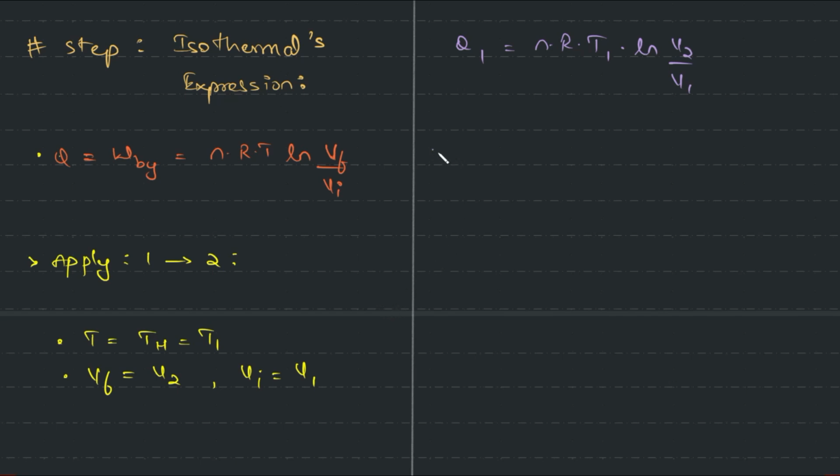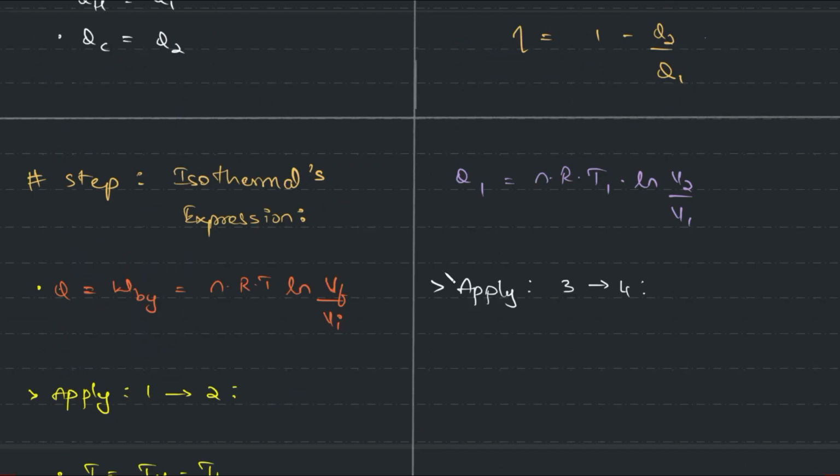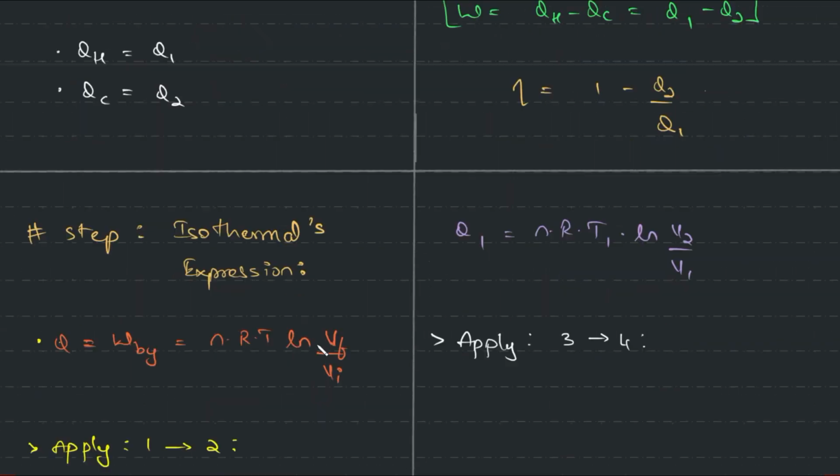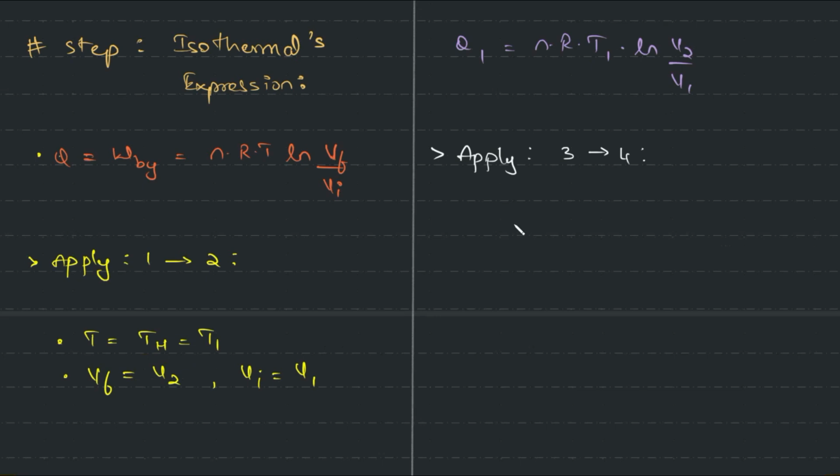Then let's apply it to 3 to 4. So there we have Q2, right? That's your TC, minus nRT2 natural log of, or let me write this actually, that will make more sense.